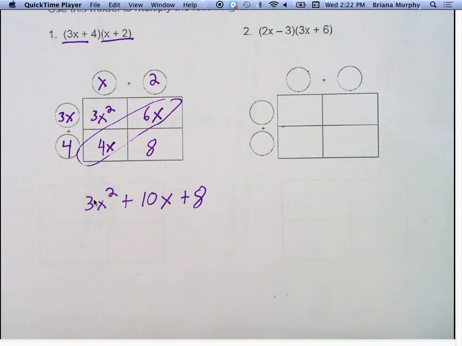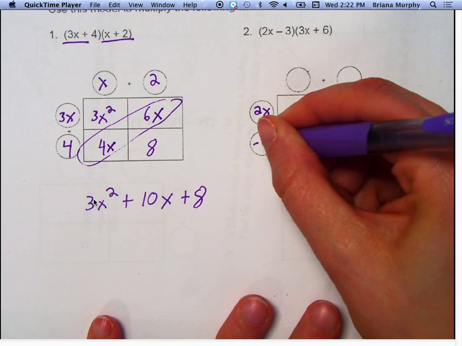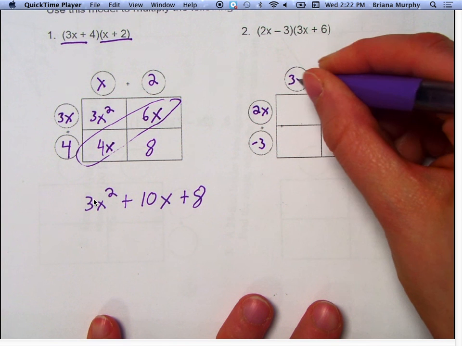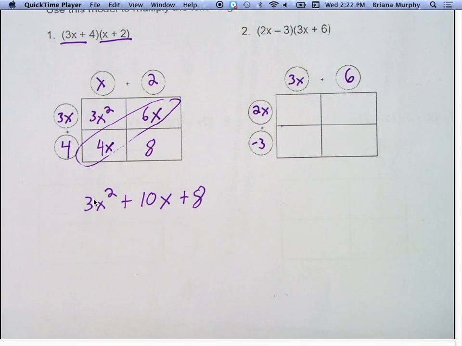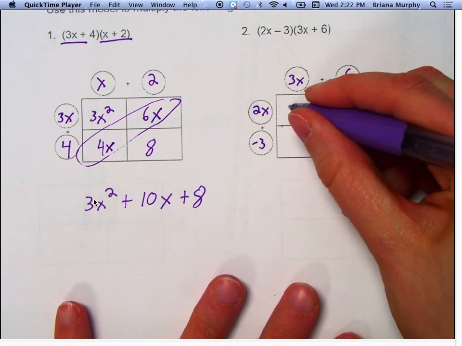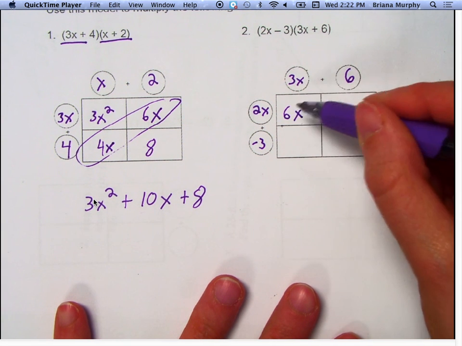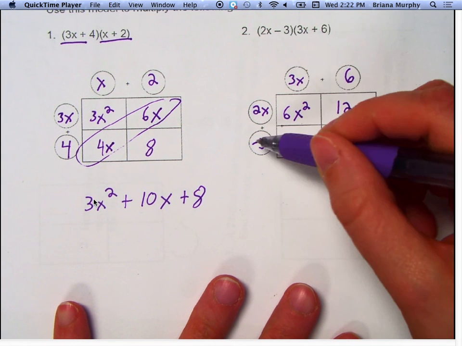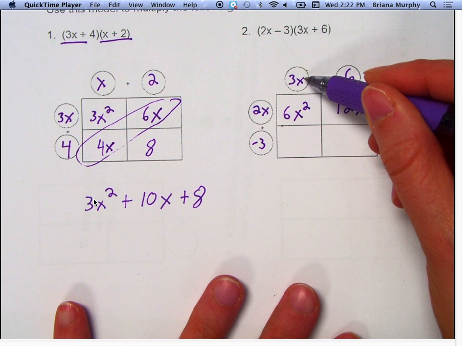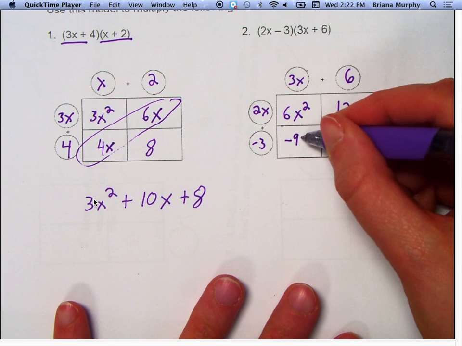All right. We've got 2x and negative 3, 3x and positive 6. 6x squared. 2x times 6 is 12x. Negative 3 times positive 3x is negative 9x.